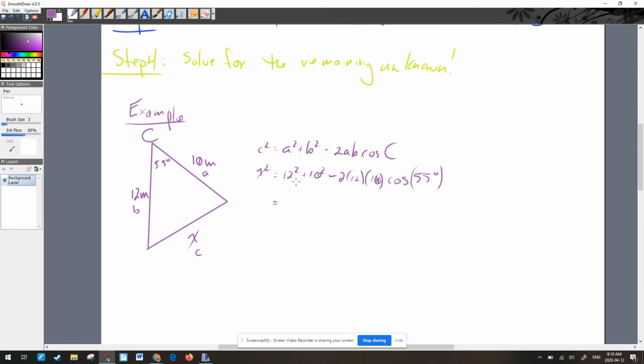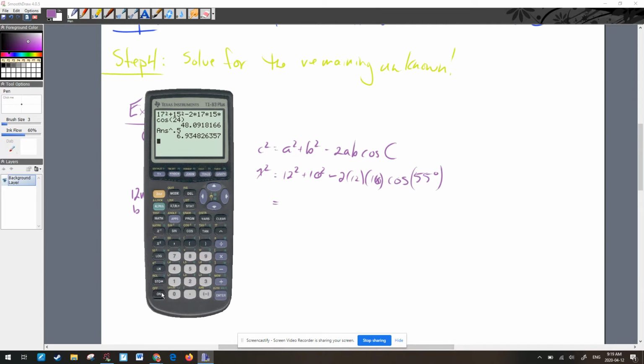And when we're in this position, we can substitute directly into our calculator, and drop that all in one go. So we're going to have 12 squared plus 10 squared minus 2 times 12 times 10 times the cosine of 55. Drop that all in, and we end up with 106.34.